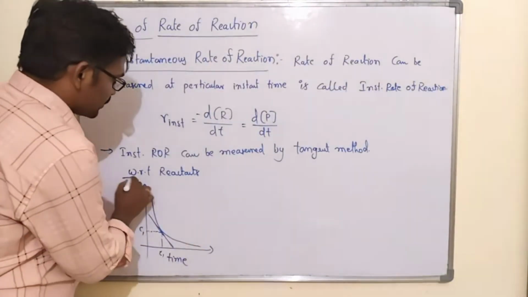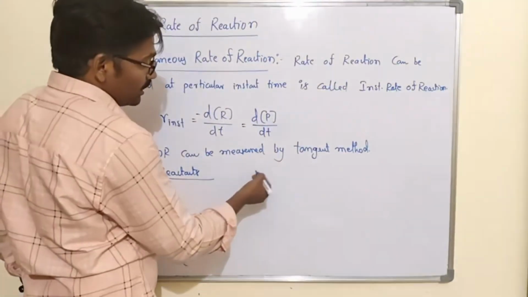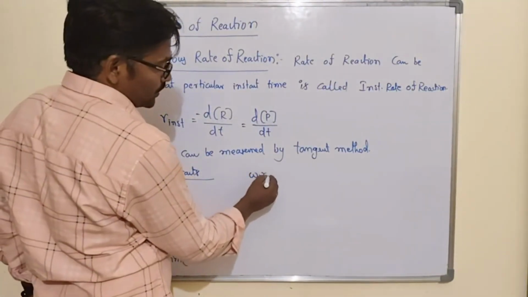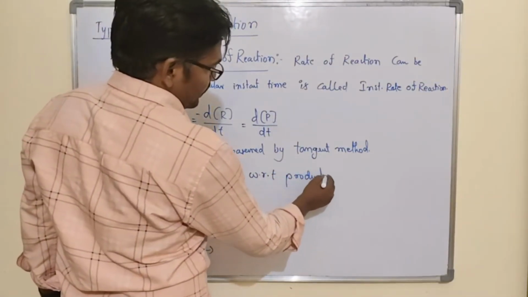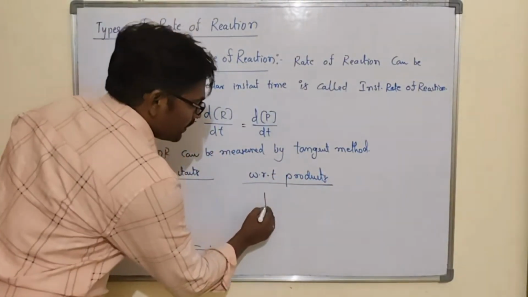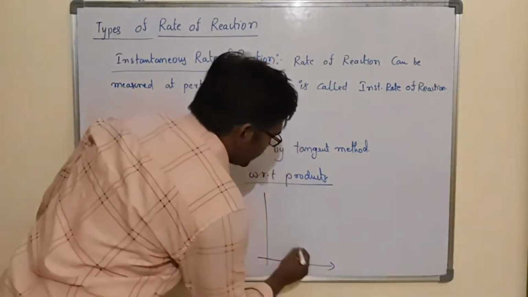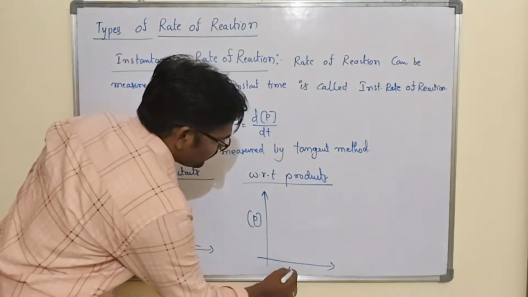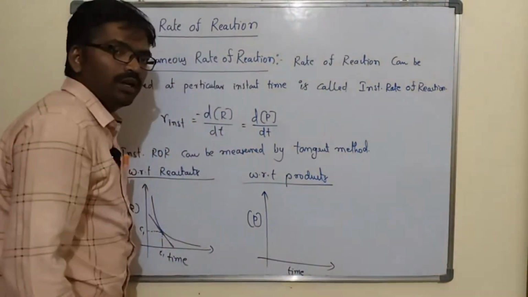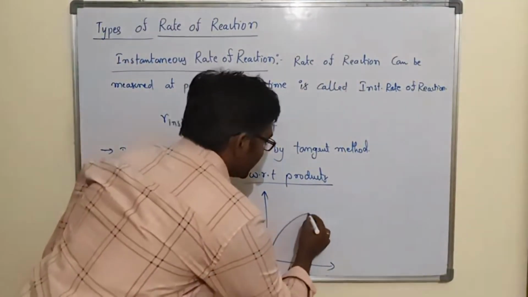Even with respect to products, if you take, then what is the graph for concentration of product versus time? Exponentially increases, right?